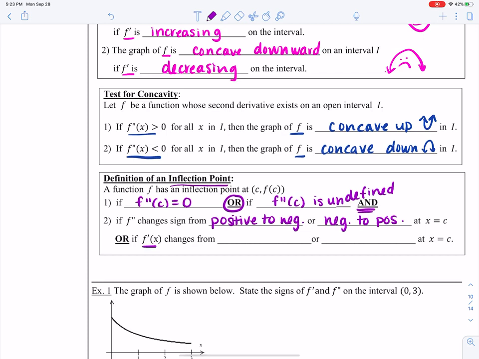Or if my first derivative changes from increasing to decreasing, or decreasing to increasing. So this is a lot of information to digest here, okay?